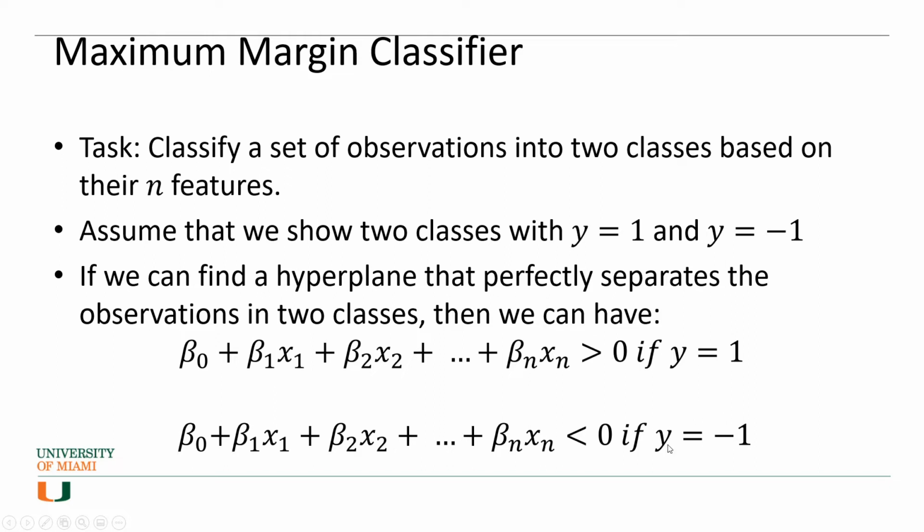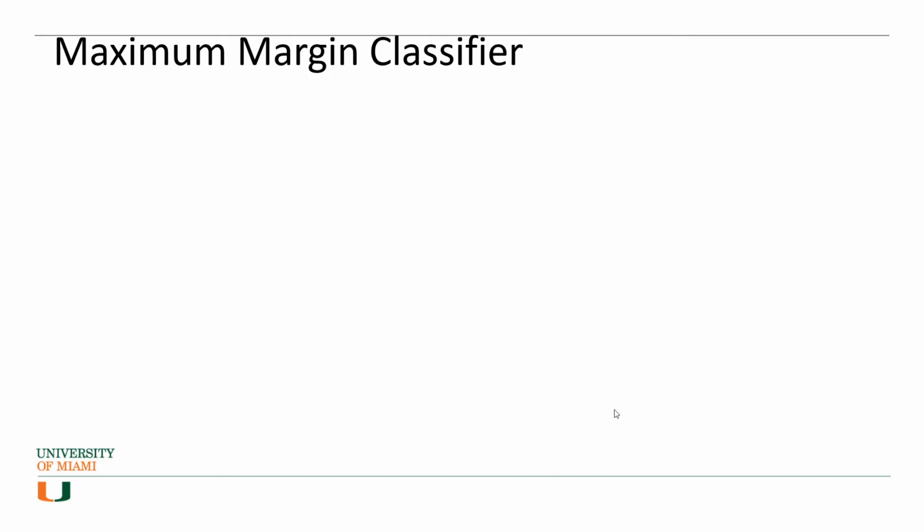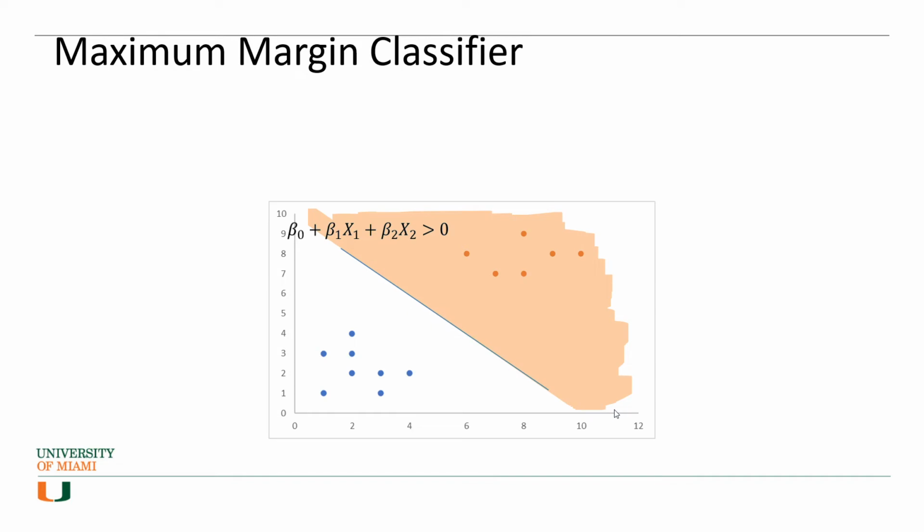For observations in the other class where y is -1, this equation is going to have a value less than 0. And again, something that I want to remind you is that we are basically talking about this situation.